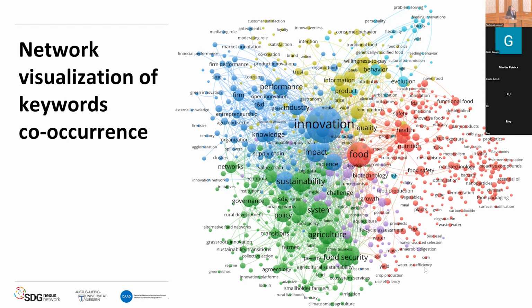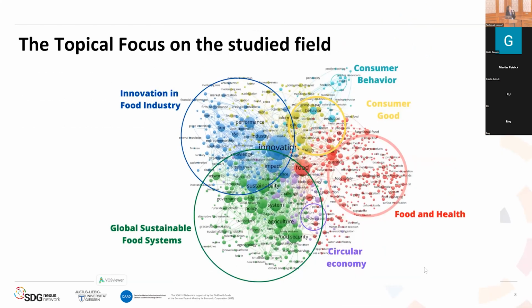And here we also see many words like nutrition, health, growth, and so on. So the network visualization shows us the conceptual structure of the knowledge areas. We identified a general topic for each cluster based on the keyword analysis and abstract review.